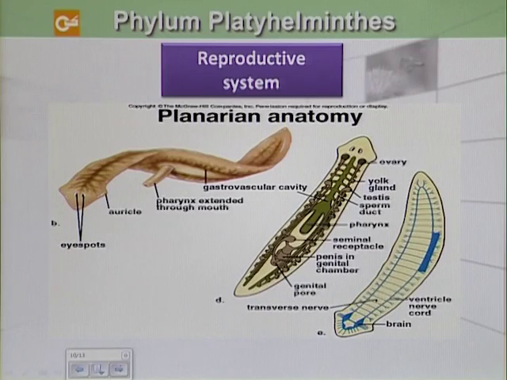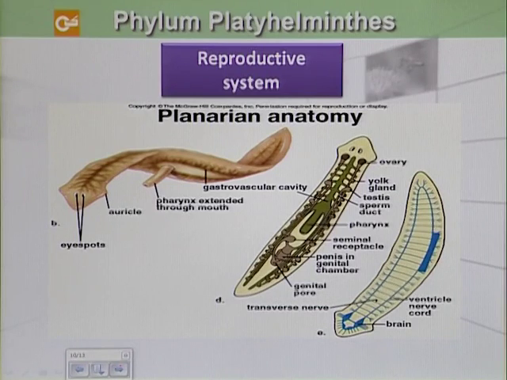And about their reproductive system, they reproduce both by asexual as well as sexual means. If they reproduce by asexual reproduction, they undergo the process known as fission, and in fission the animal body is split into 2 parts, and then each part regenerates to form a new organism.